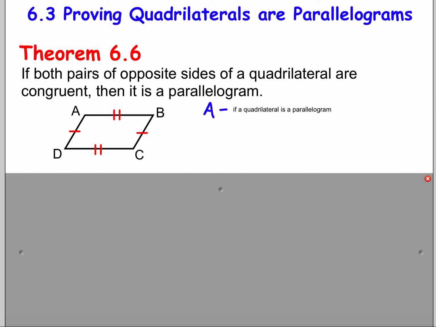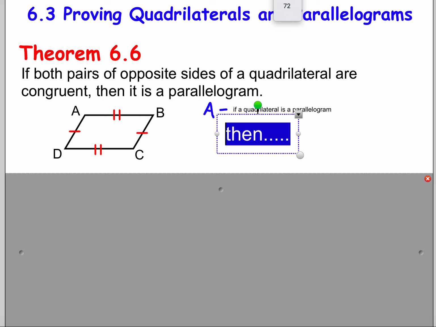And then statement B is one of our rules from last class, like then the opposite angles are congruent, then the opposite sides are congruent, and so on.